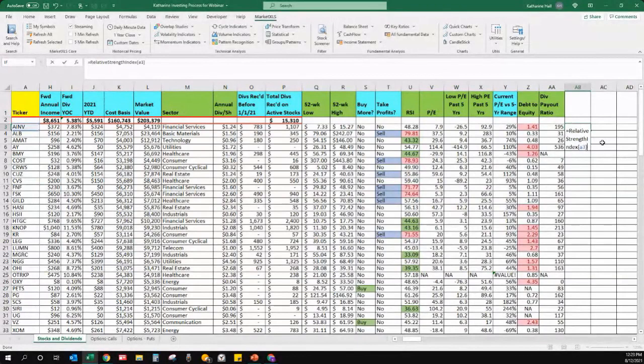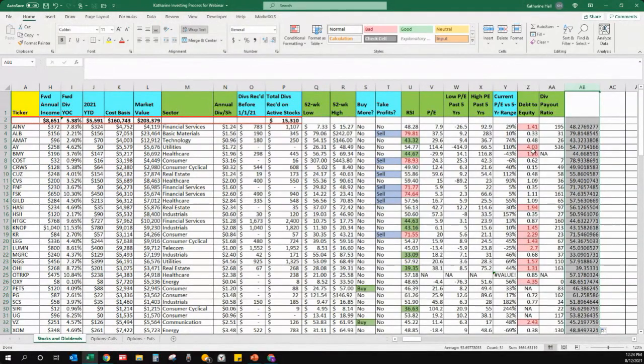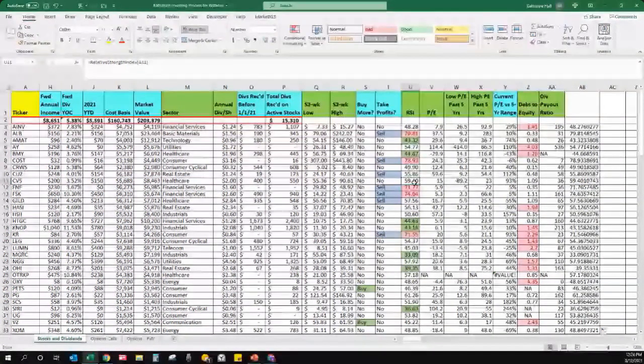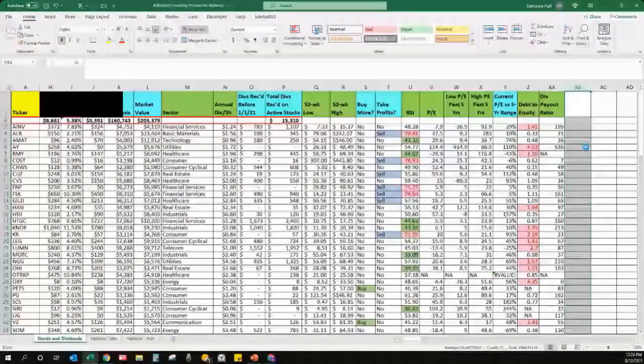And then I enter the ticker or the cell with the ticker in parentheses, and it brings it right in. And then Excel just drops them all down real quick. I personally like to look at them with fewer decimal points, and so over here, I've gone in and reformatted the cells to only show me two places past the decimal. But I just wanted to show you how easy it is to bring in that data from MarketXLS.